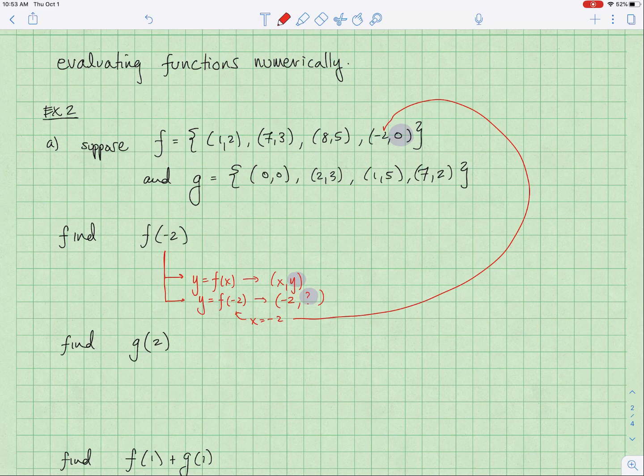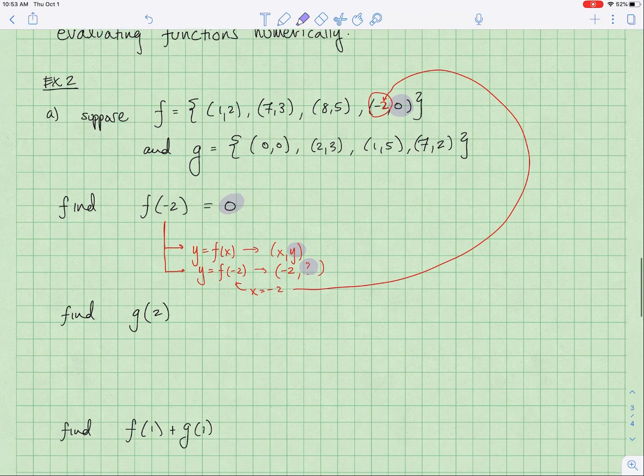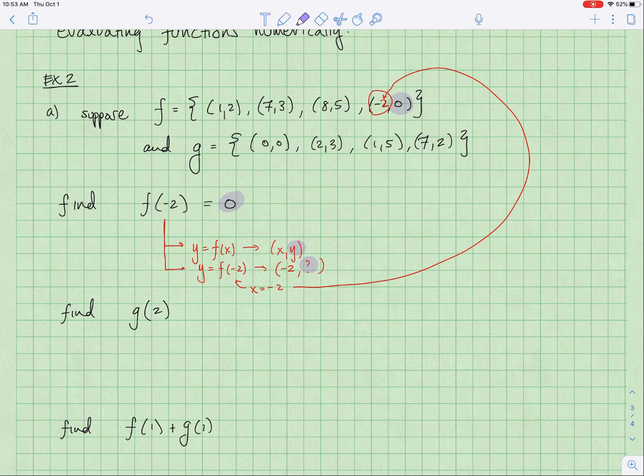And it looks like the y value that goes with that is 0. There it is. That's our answer. It's that easy. You just really have to learn how to read the notation in this section on functions.